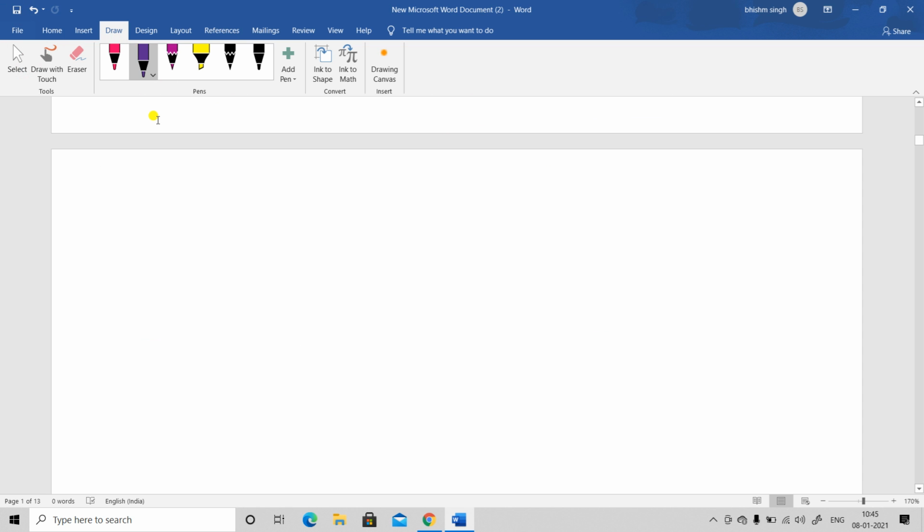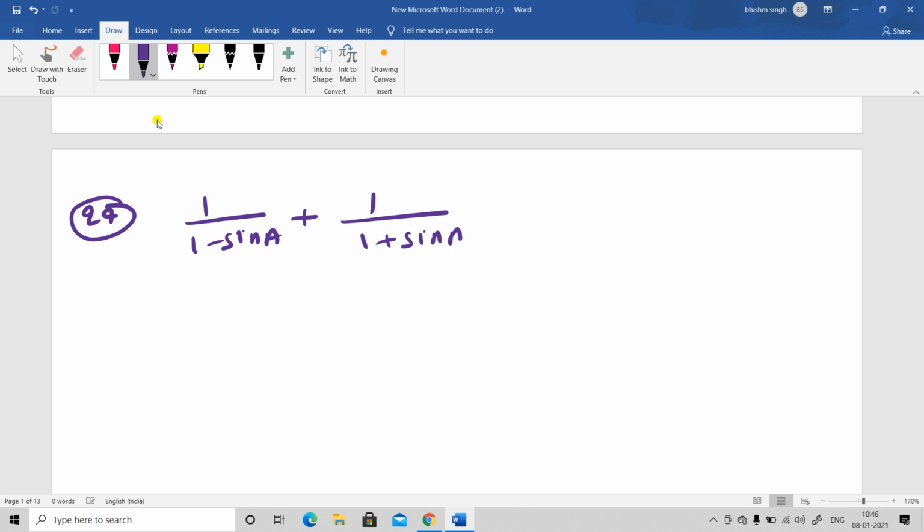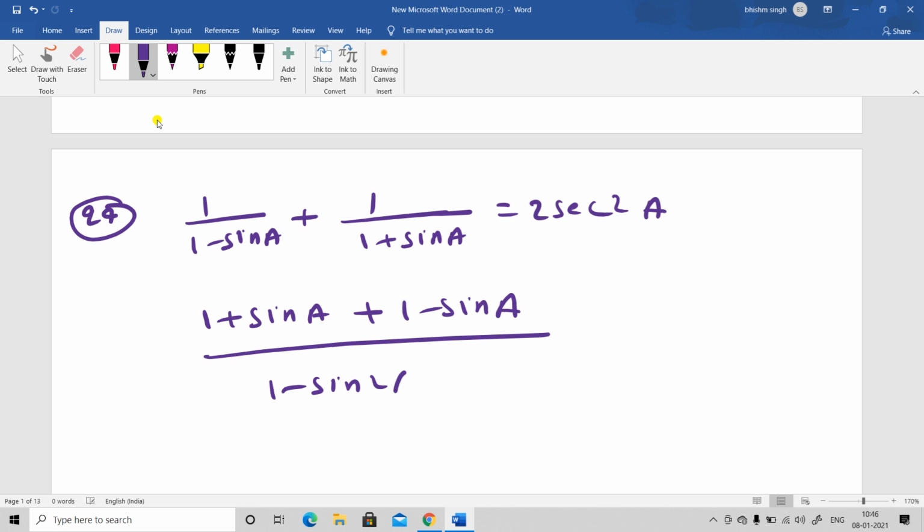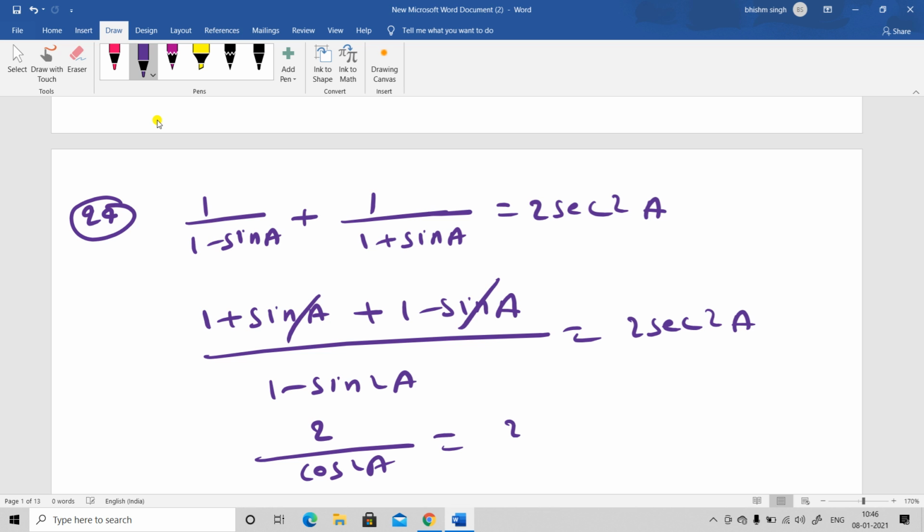Now next question we will do here. Question number 24. 1 by 1 minus sin A, 1 by 1 plus sin A is equal to 2 sec square A. Okay, so this is what happened here, 1 plus sin A plus 1 minus sin A divided by 1 minus sin square A. Okay, is equal to 2 sec square A. So sin A cancels here, 2 divided by cos square A, that is 2 sec square A is your answer.